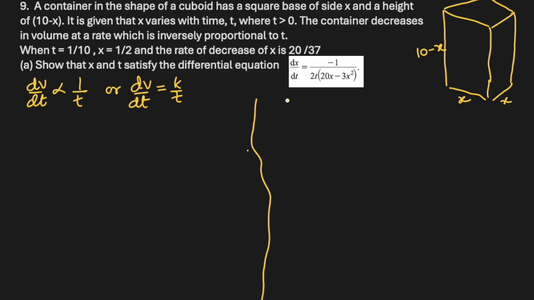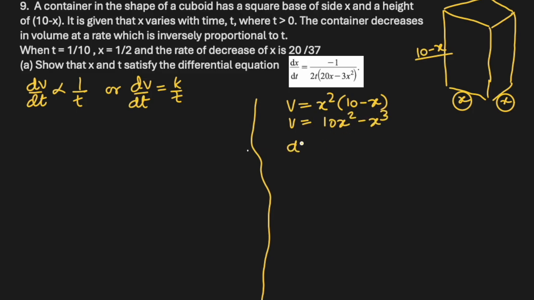We know that the volume is x squared multiplied by 10 minus x, this is the volume. Or I can write 10x squared minus x cubed.